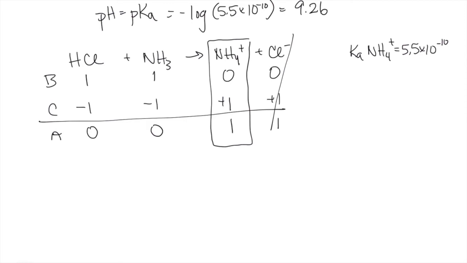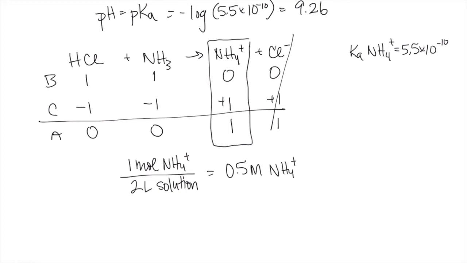Because I was using 1 liter of each of these, my 1 mole of NH4+ is distributed in 2 liters of solution. Remember, we're using 1 molar HCl and 1 molar NH3, so this is 2 liters that I've combined together. So that gives me 0.5 molar NH4+. Now I'm going to remind myself, what is this thing?